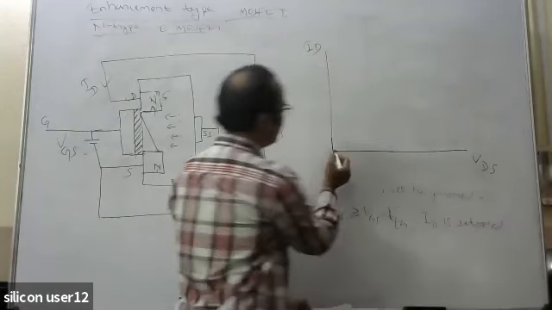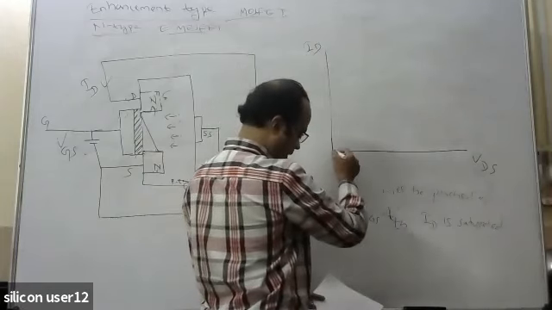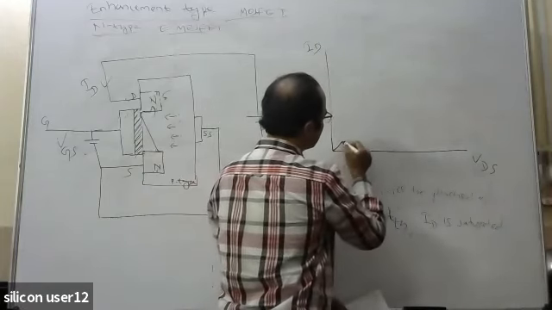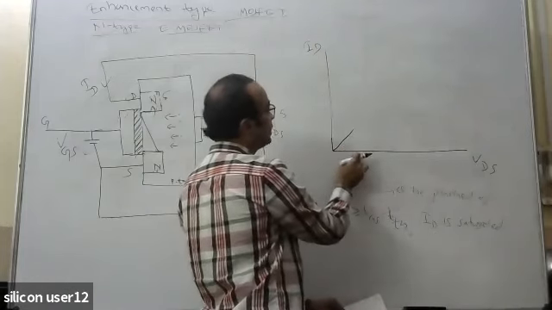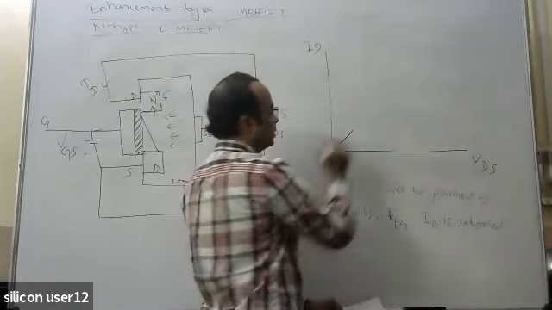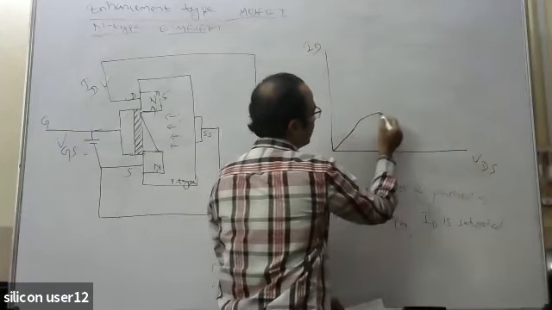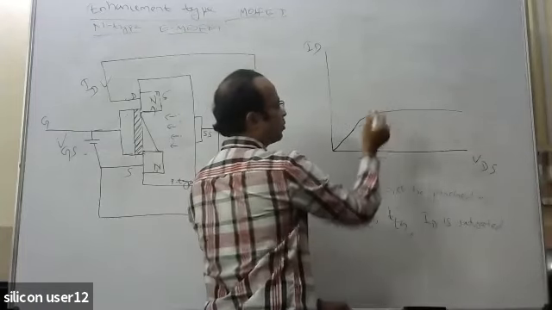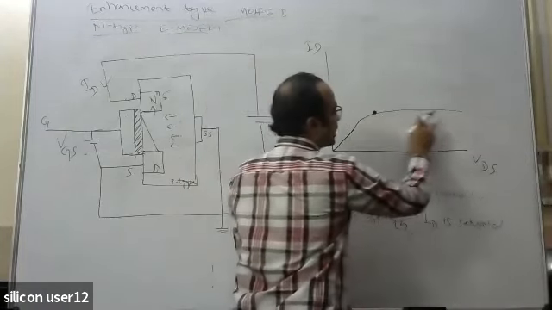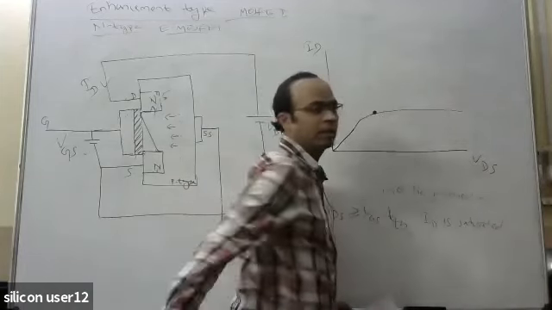Initially, let us say you increase this VGS value. So you increase VDS value. With respect to the increase in VDS value, the ID value is increasing, but at a particular point it will be constant. At a particular point it will be saturated, and after that, with increase in this VDS value, the drain current will not increase.